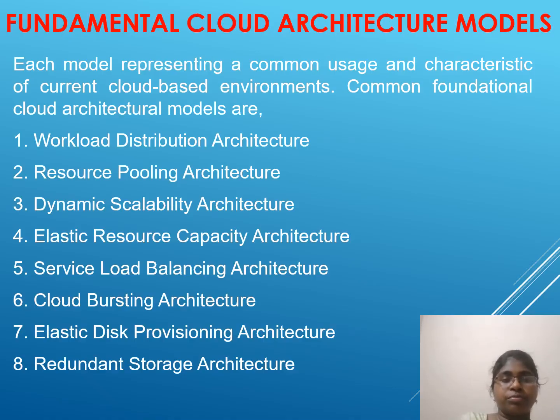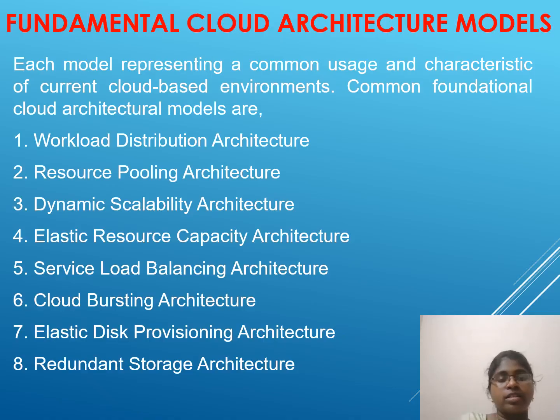It expands or shrinks a resource as needed. If the client needs more cloud storage service, it will give them what they need to access. Next one is service load balancing.